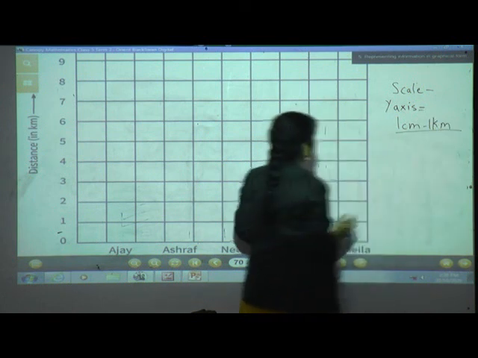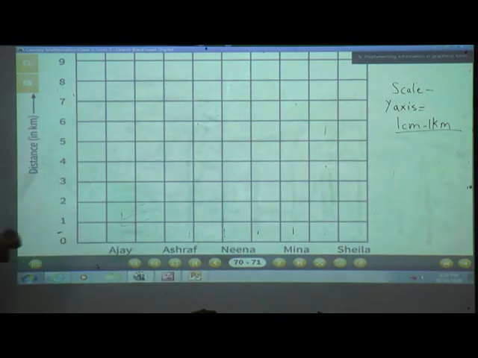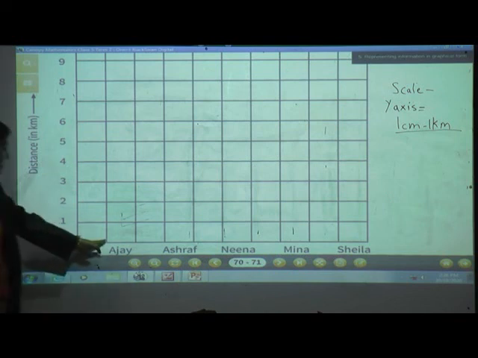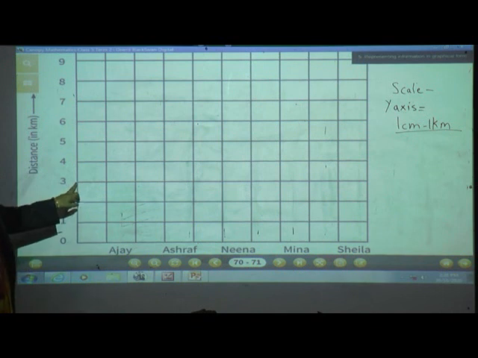Okay. So students, see Ajay. So what is the distance to school from Ajay's home? It is 3 kilometers. So where is Ajay? Here, and the 3 kilometers also here.